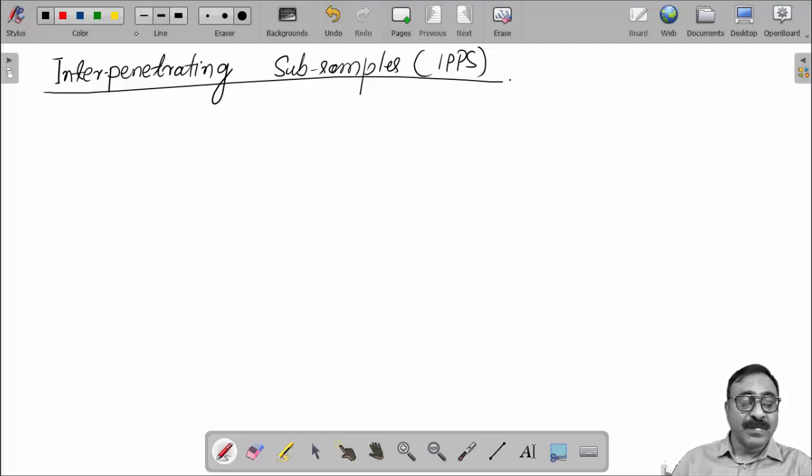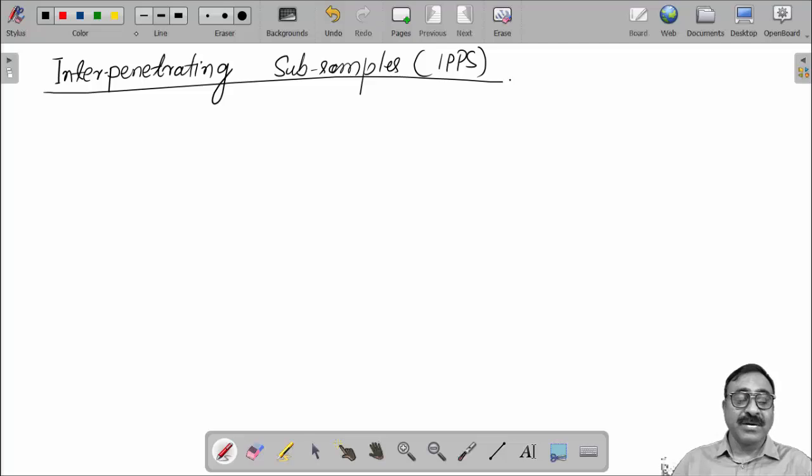Now this is a technique for estimating the bias of a ratio estimator unbiasedly to the second order of approximation based on interpenetrating subsamples. This estimator of the bias may be used to correct the ratio estimator for its bias, thereby getting a ratio estimator which is unbiased to the second order of approximation.